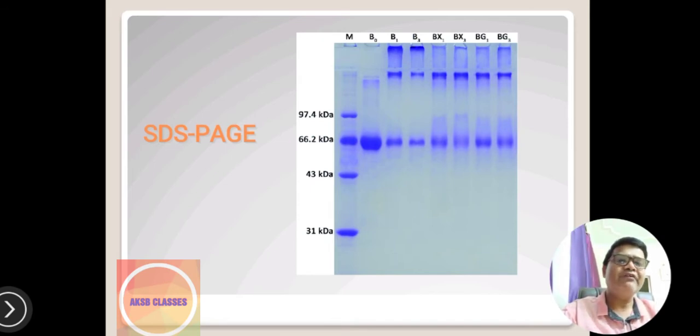When it completes 80% of the area, after that we stain with Coomassie brilliant blue. This is the protein band stained with Coomassie brilliant blue. So through this dye we can detect the protein band. If there is any unique band, then we try to find whether that protein is unique among all the different samples or not.